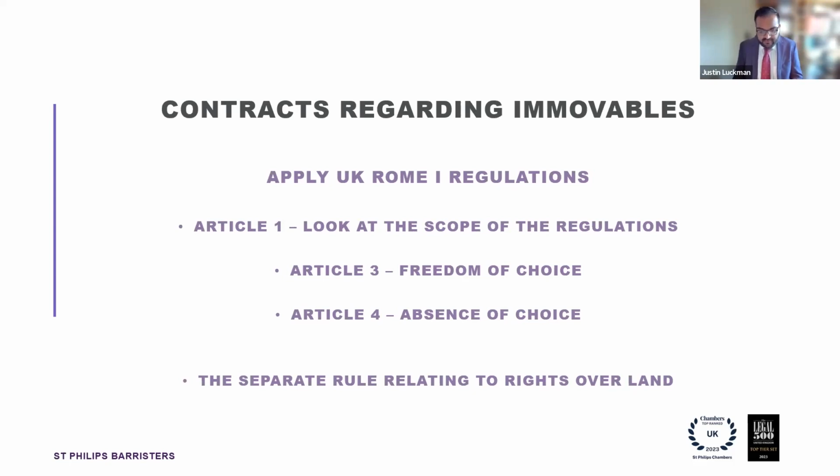And that comes from Article 3, which states that where it is clear from all the circumstances of the case that the contract is manifestly more closely connected with a country other than that indicated above, and when I say above, it's for our purposes the example involving property located abroad, where we're dealing with rights in rem, and therefore it's the law of the country where the property is located being applicable, then the law of that other country shall apply.